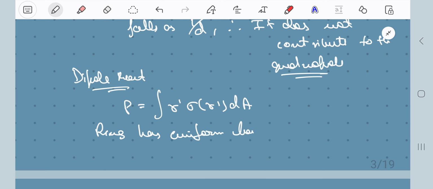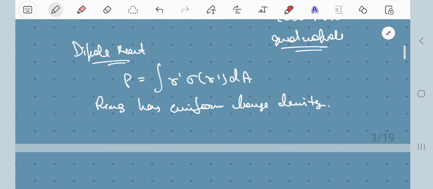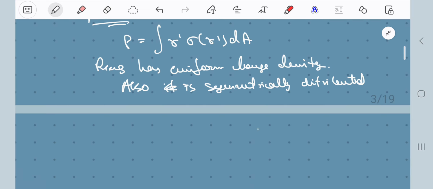Furthermore, it is symmetrically distributed around the origin.